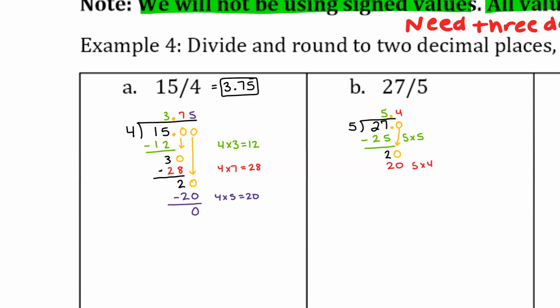So 4 is going to go upstairs, and 20 is going to go downstairs for subtraction. 20 take away 20 is 0, so I can stop. So we're either stopping when we get 0, or we're stopping when we have 3 decimal places in our quotient. So 27 divided by 5 is equal to 5.4.